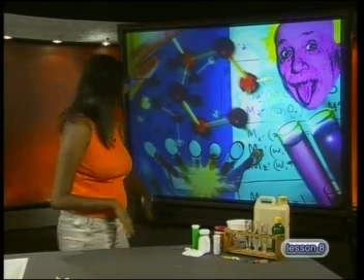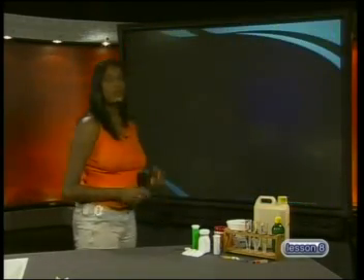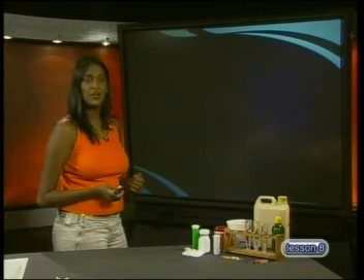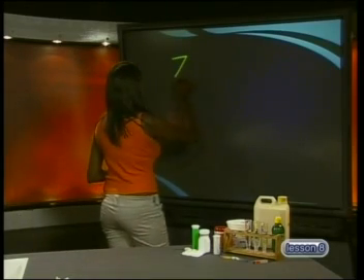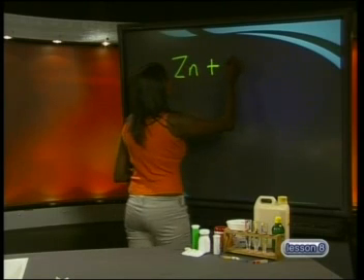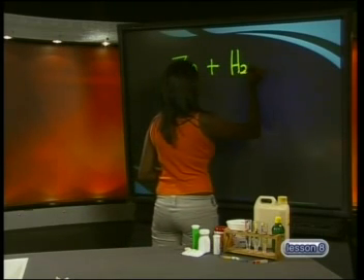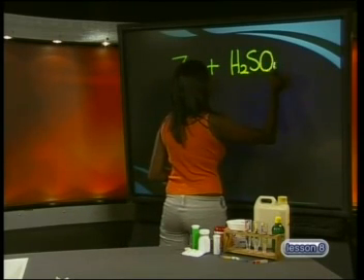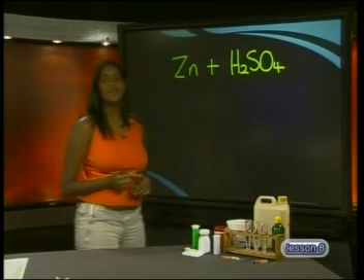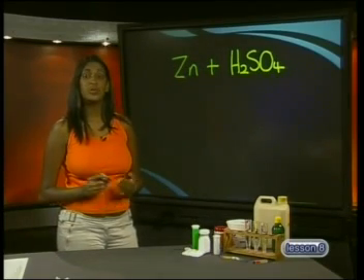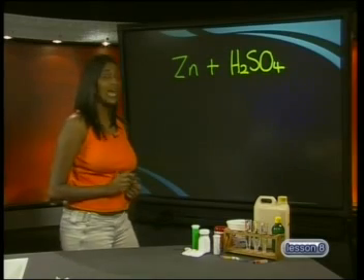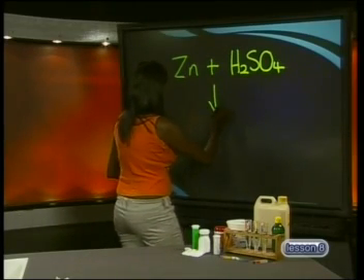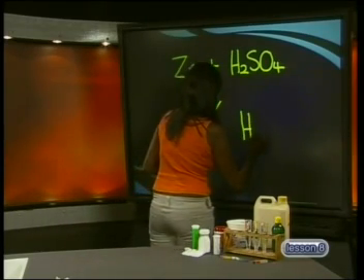Now, let's see what was happening in that reaction. We added zinc to sulfuric acid, which is Zn plus H2SO4. Now, hydrogen gas was released, so we can write H2 as one of the products.